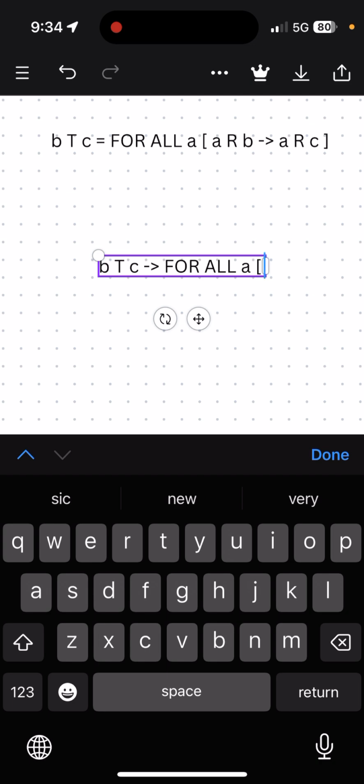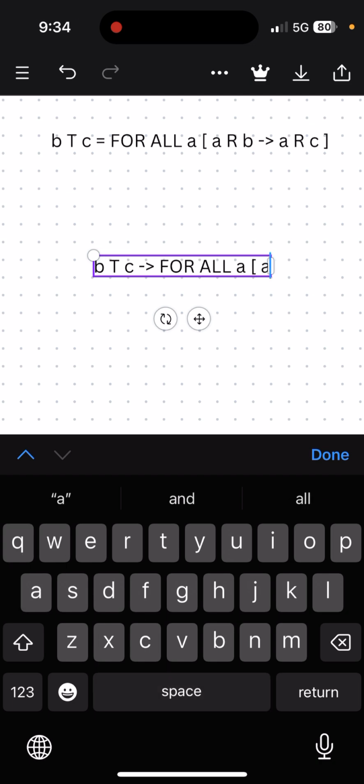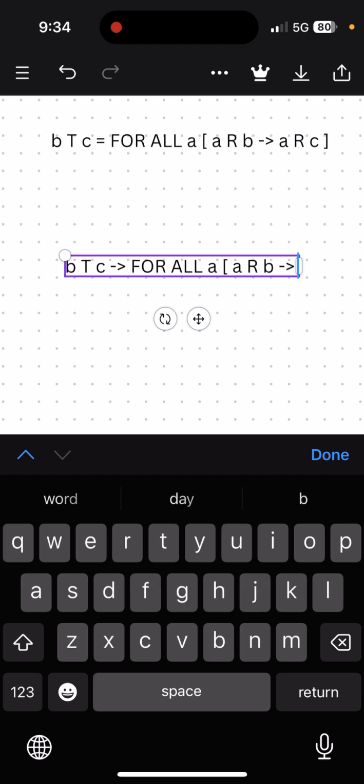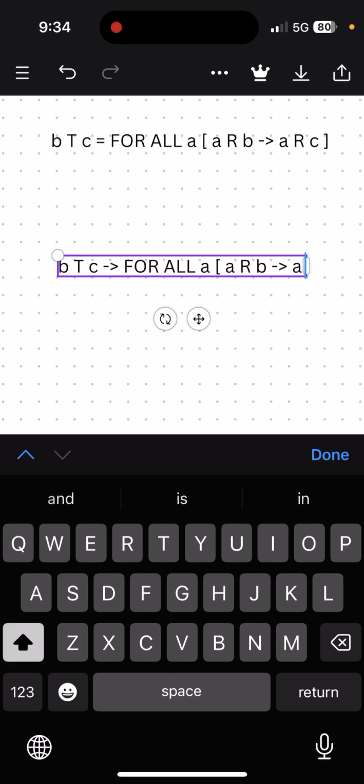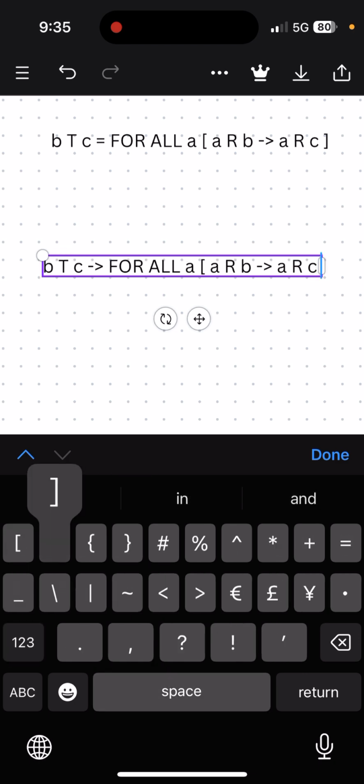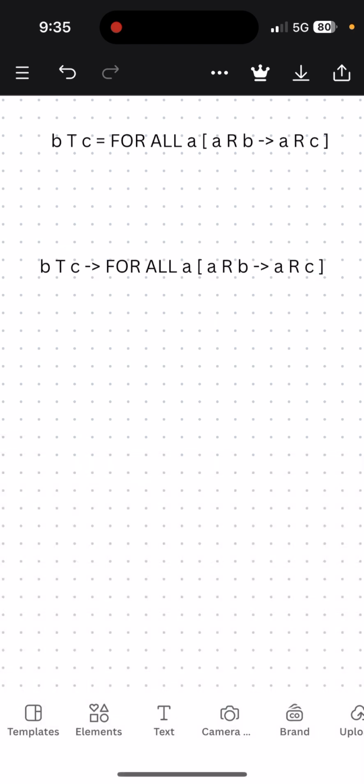Anyway, BTC implies for all A or B implies ARC, just to try to stimulate the kinds of questions that I'm thinking about. Like, what if we just pulled out components of this and imagined them as axioms?